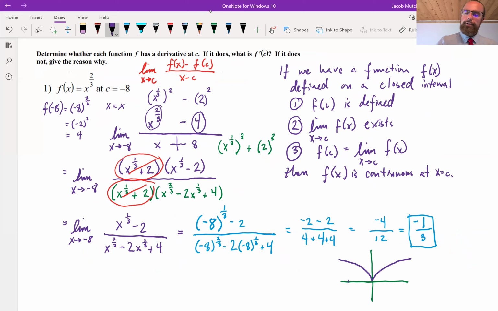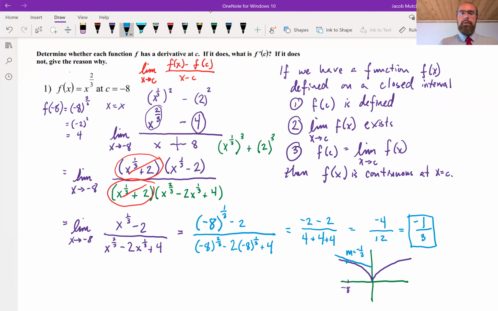But over here at negative 8, if I go up to the curve and pick a color that would match that negative 1/3, and draw in a tangent line there, the slope of the tangent line would be negative 1/3. And that looks about right. It's definitely a negative slope, and it's fairly flat, which is consistent with the value of 1/3.